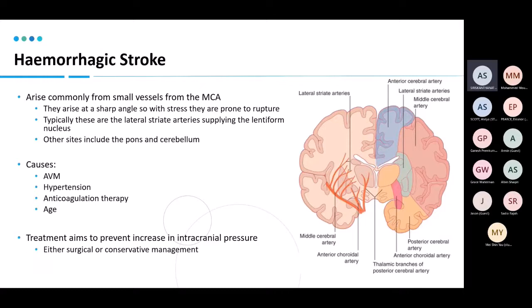So the angle at which these branches come off the MCA will determine how likely it is to rupture. These areas are usually around the lentiform nucleus, the pons and the cerebellum, which is why you get these hemorrhagic strokes in there.